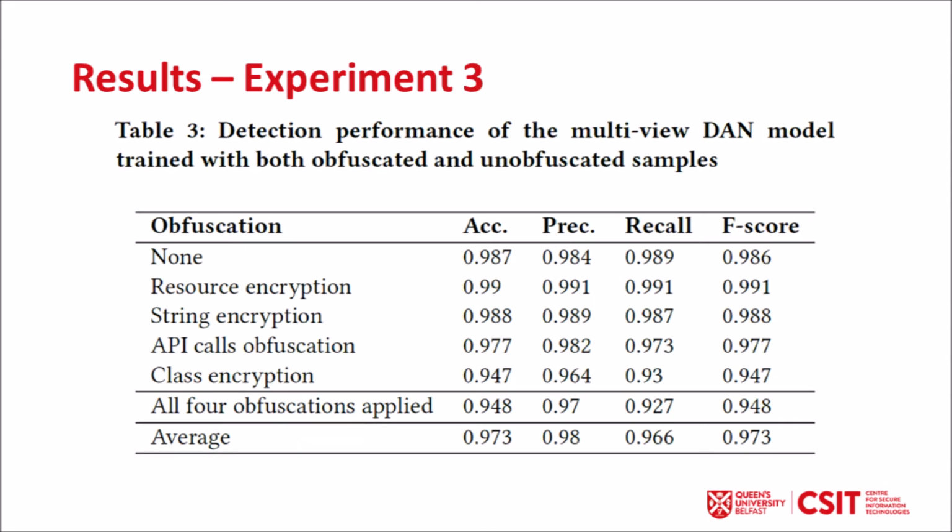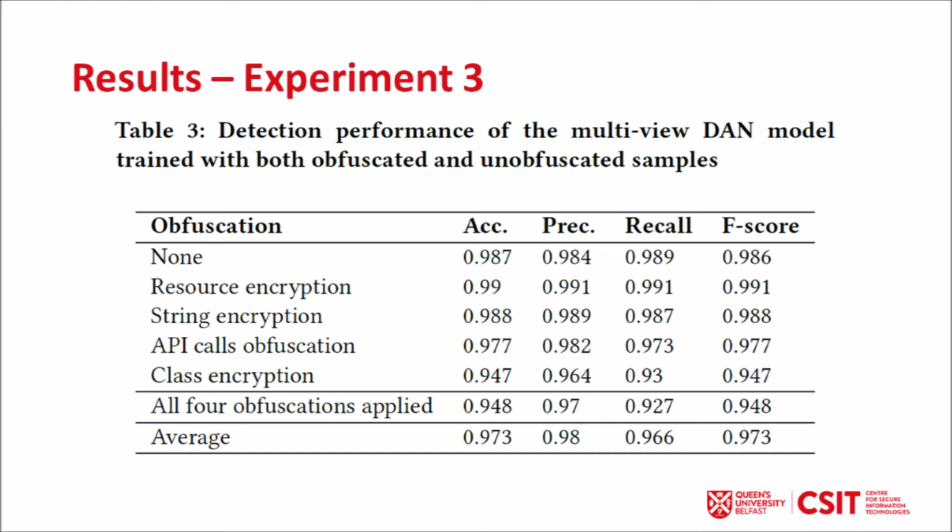Here we use the multi-view model and use DAN with two cost functions. One for malware as normal and the other negating the cost for obfuscation. And this allows us to verify the obfuscation resilience of the learned malware features and check if detection performance is affected.